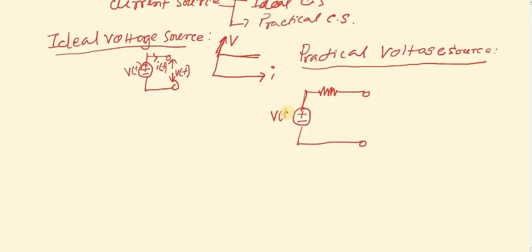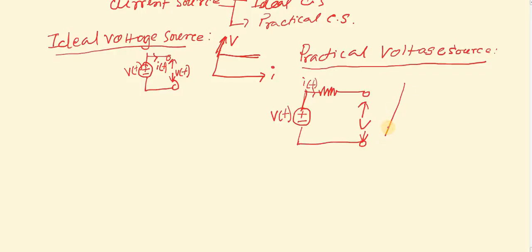Earlier, like this, these are our Vt, and the current flowing through it is It, and this is our terminal voltage. This is no longer Vt. This is somewhat less than this, because some voltage is dropped due to this current.